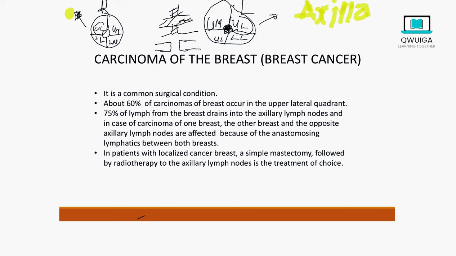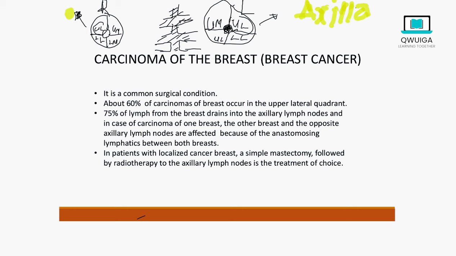So this is the left breast, this is the right breast, and this will be the left axilla and this will be the right axilla. Now the lateral side of the breast is directed towards the axilla. I'd say 60% of all breast cancers occur in the upper lateral quadrant of the breast.